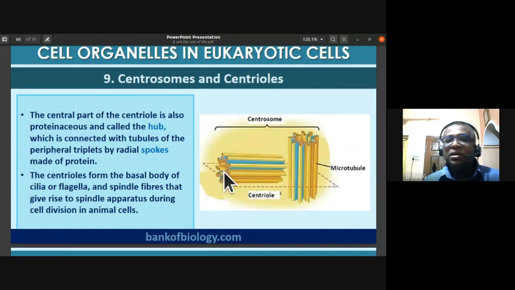The central part of the centriole is also proteinaceous, and it is called the hub.